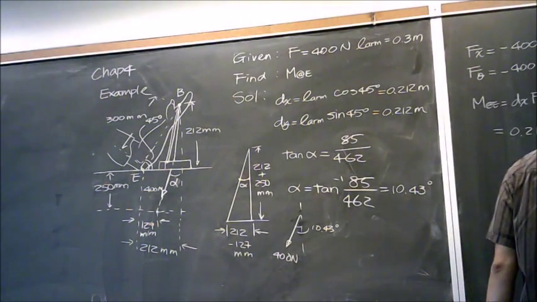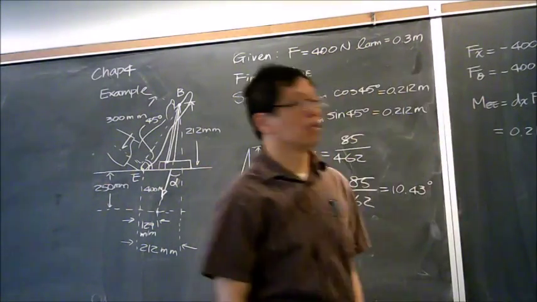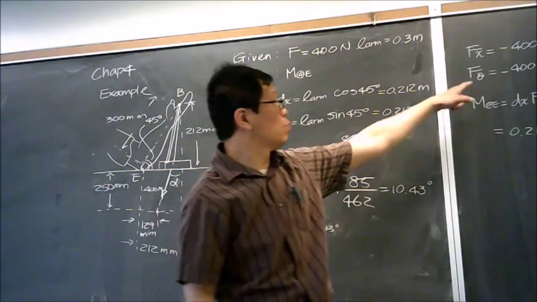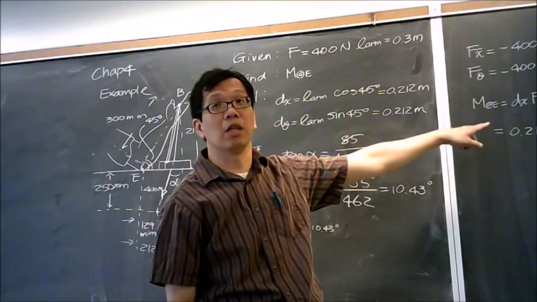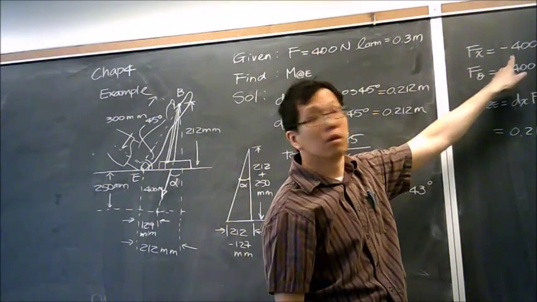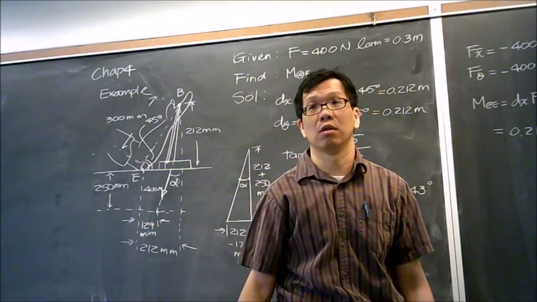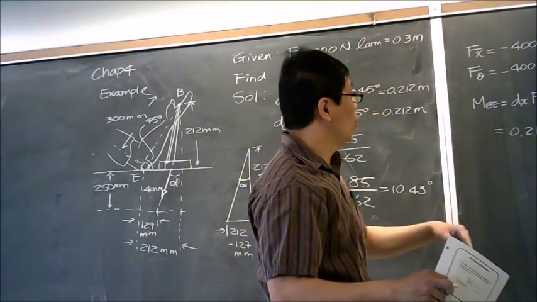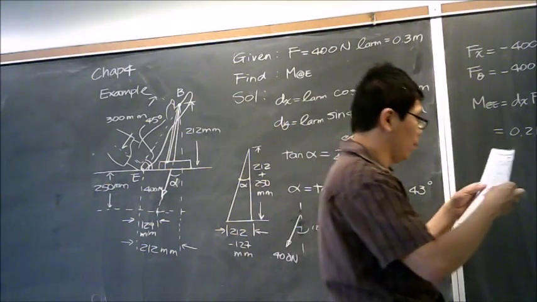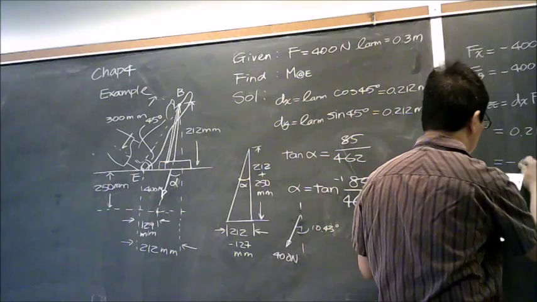What is my fx? Okay, keep in mind this formula over here, which assumes everything is positive. Since we have negative forces over here, you need to put a negative sign in front of the forces. Okay, so when we have this formula and plug in all the numbers, we're going to get our answer.